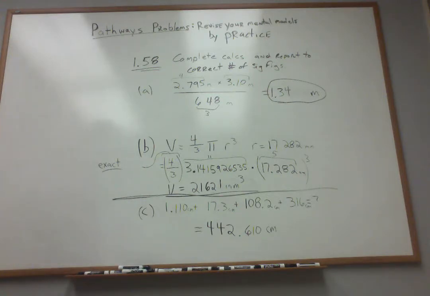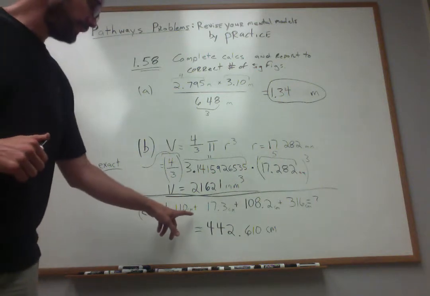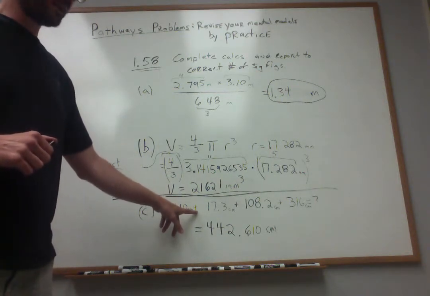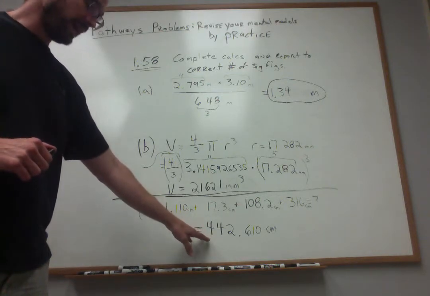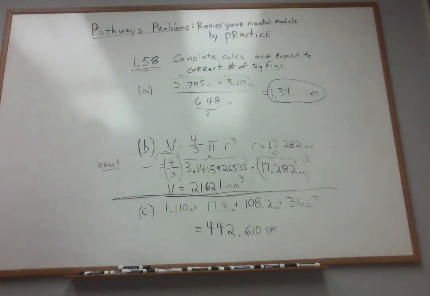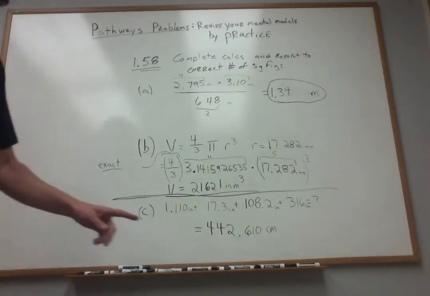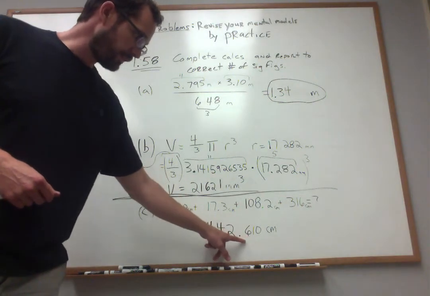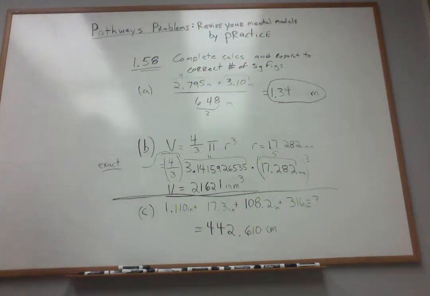It's a completely different rule that you've got to honor. The sig fig rule for computations involving additions or subtractions is that your answer should have the same number of decimal digits or decimal places as the least precisely known value.